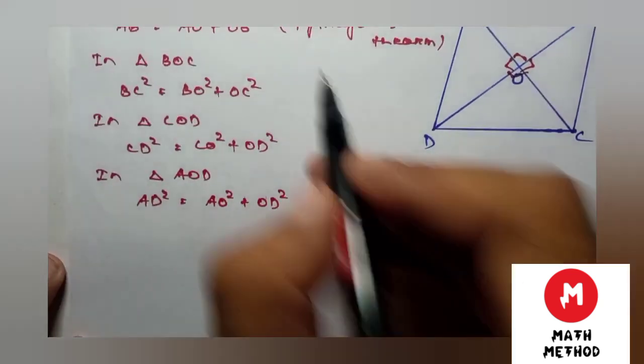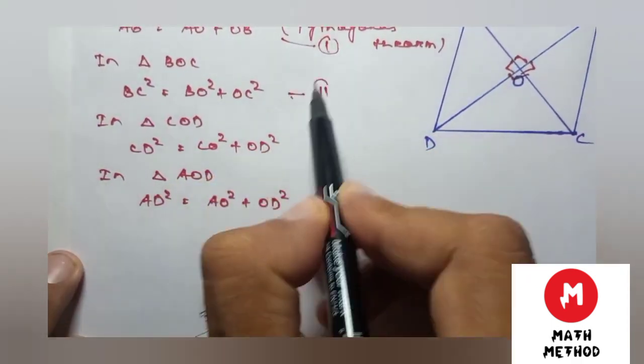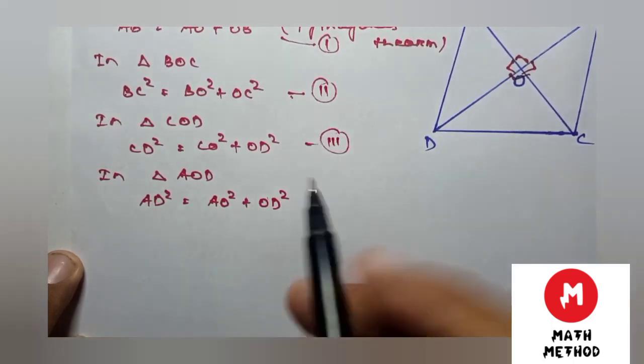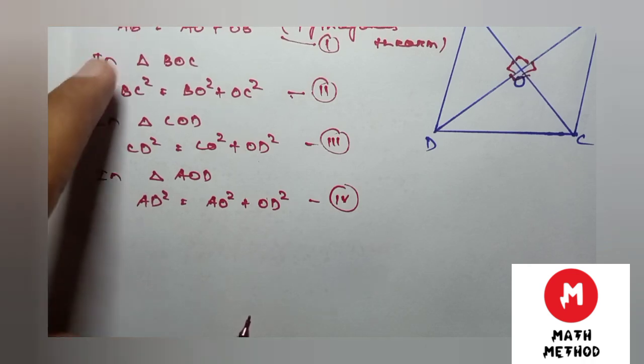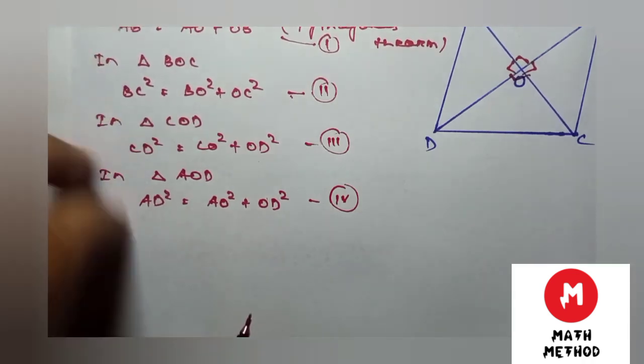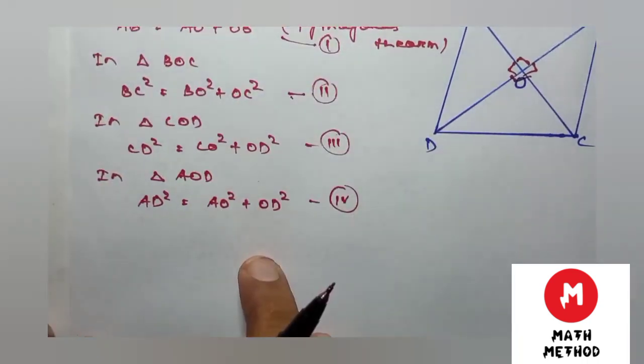Now add both LHS and RHS of each equation 1, 2, 3 and 4. We add LHS with LHS and RHS with RHS.